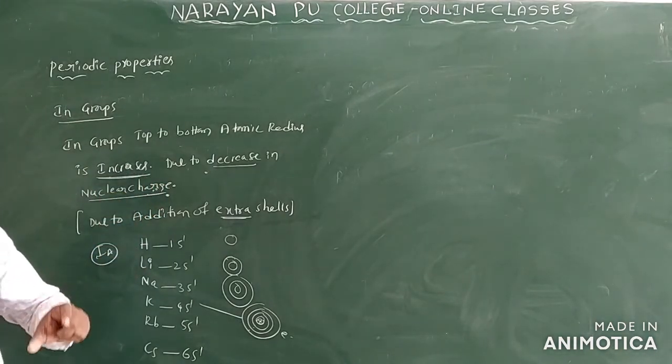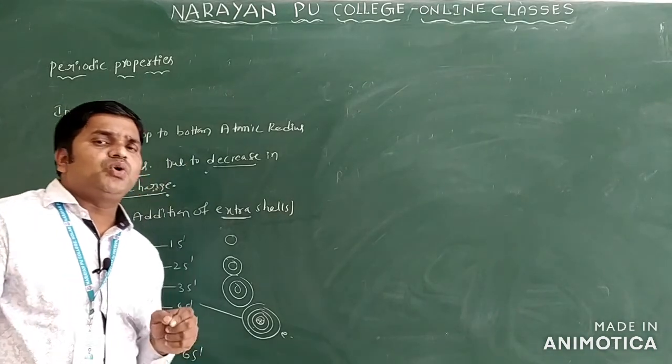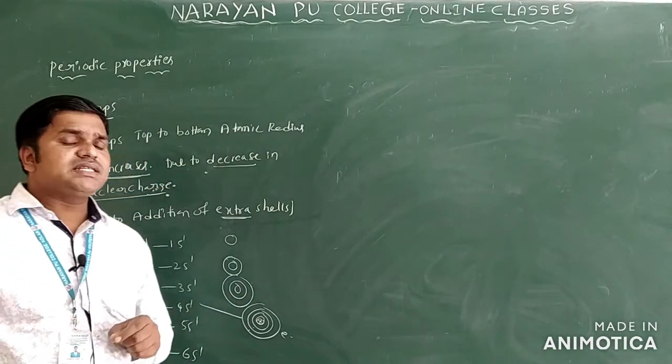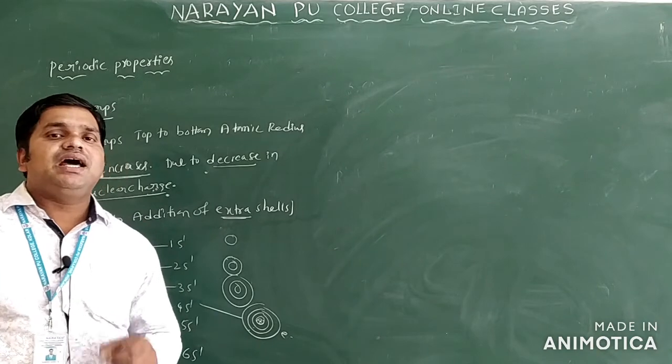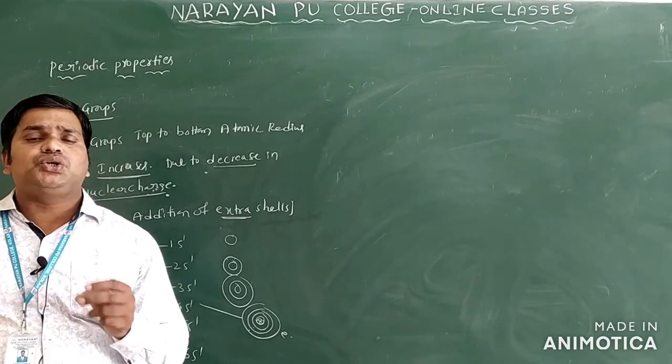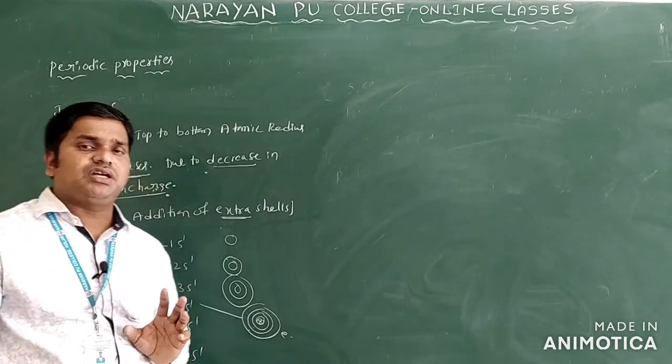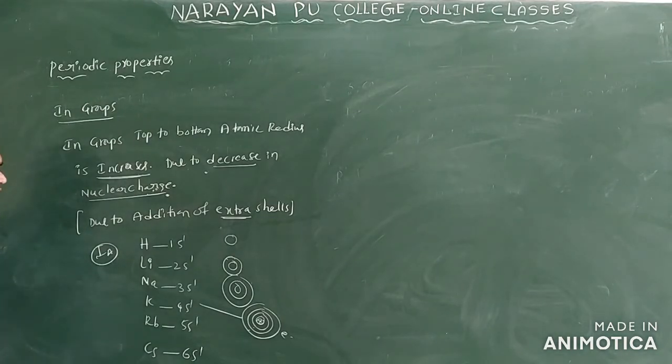Simply you can write in the exam like this: in a group, from top to bottom, atomic radius increases due to decrease in the nuclear charge only, or you can write due to addition of the extra shells only. So these are the first A group elements.